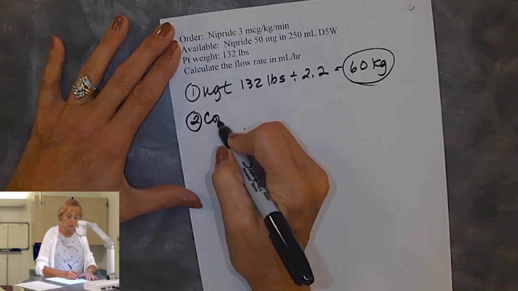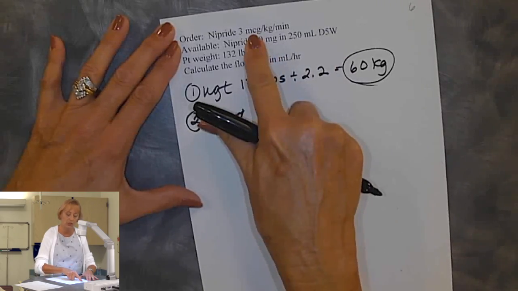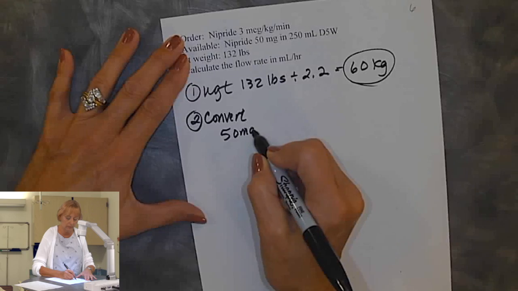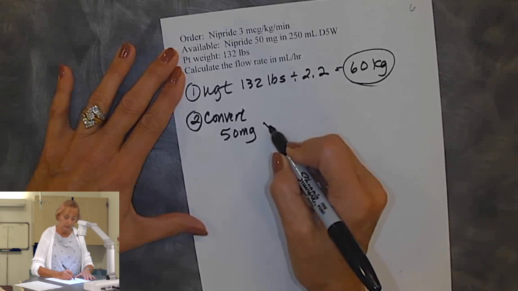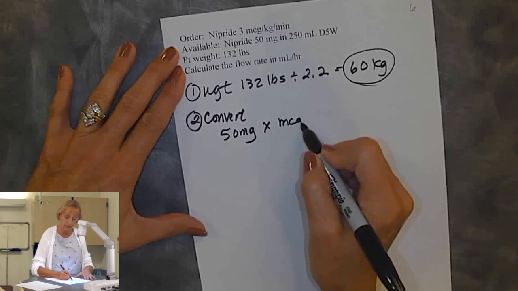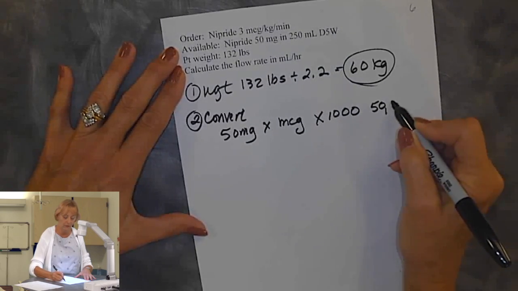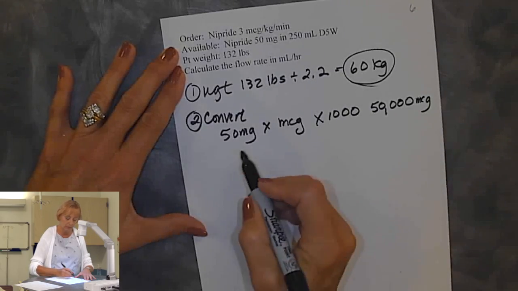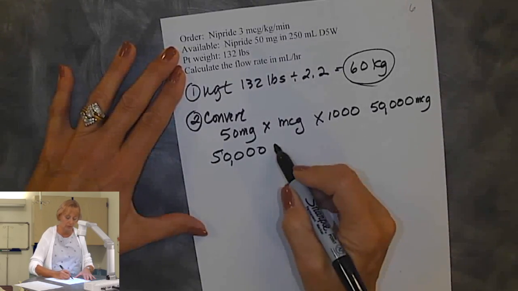Next thing we're going to do is we're going to convert our IV fluid milligrams to match our order of micrograms. So 50 milligrams is to micrograms. You multiply it by 1,000, so you have 50,000 micrograms. So your final is 50,000. Make sure you get all your zeros in there.